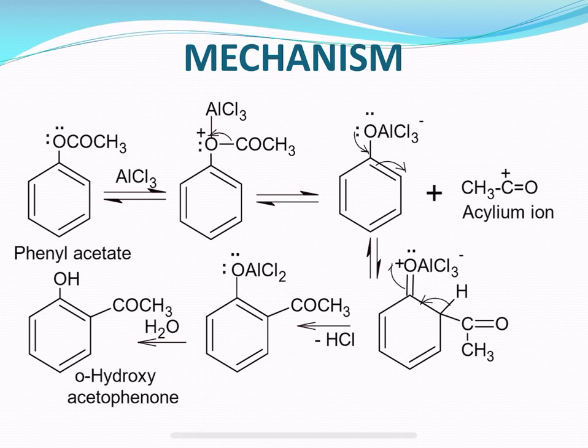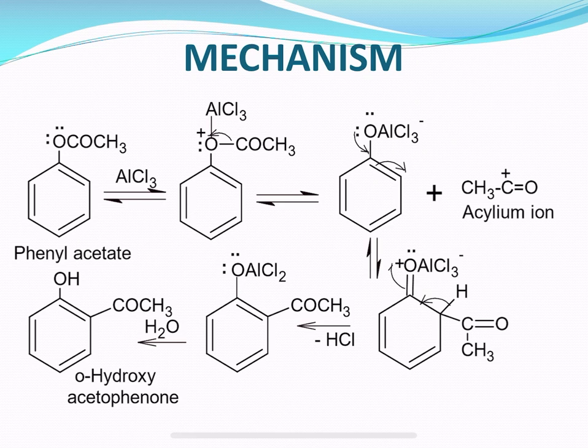As I said, the attack on the benzene ring by the acylium ion takes place in this reaction. The ortho isomer is the major product at lower temperature, and the para isomer predominates at high temperature. Okay, so this is one important observation we can make in Fries rearrangement.